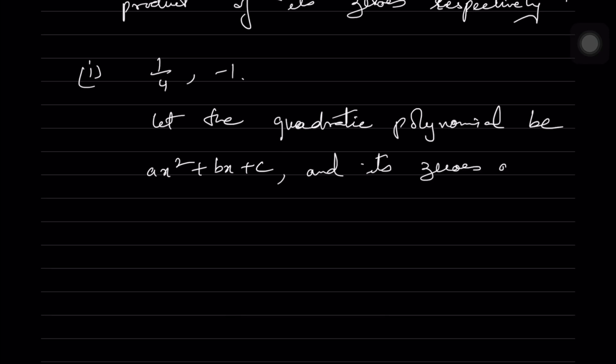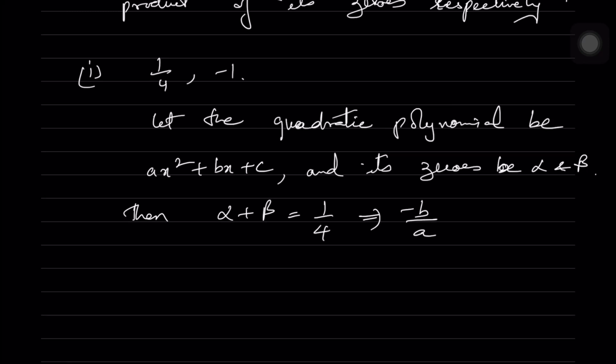and its zeros be alpha and beta. Then the sum of the zeros, that is alpha plus beta, is equal to 1 by 4, which implies minus b by a is equal to 1 by 4, which implies a is equal to minus 4b.